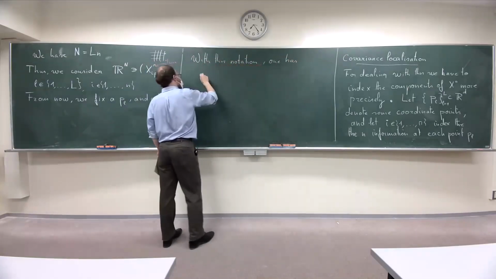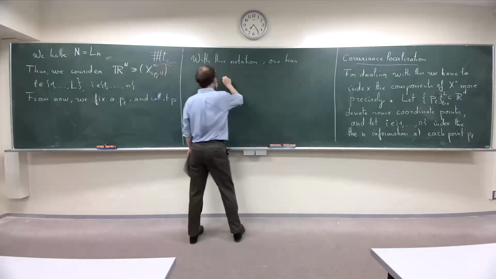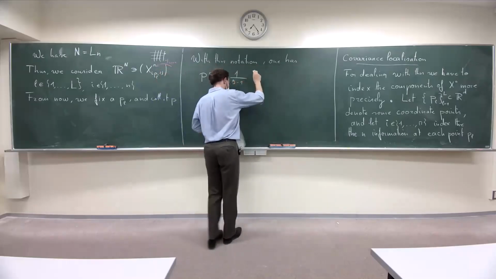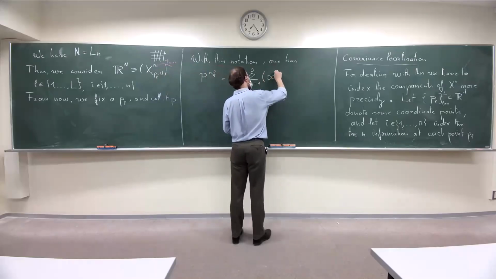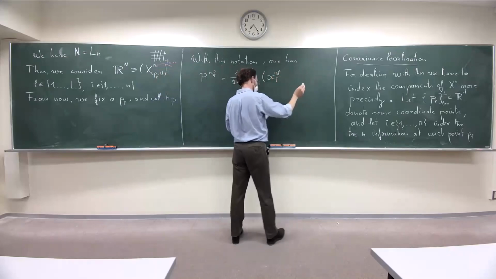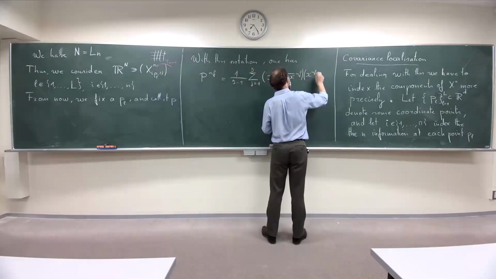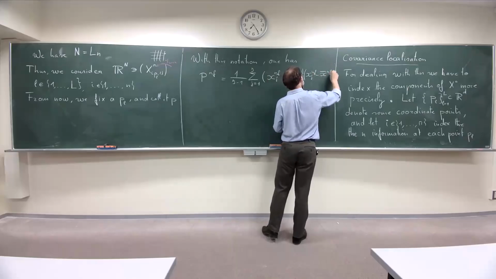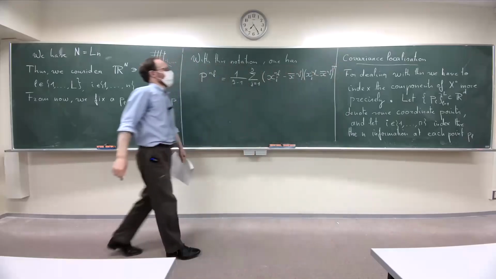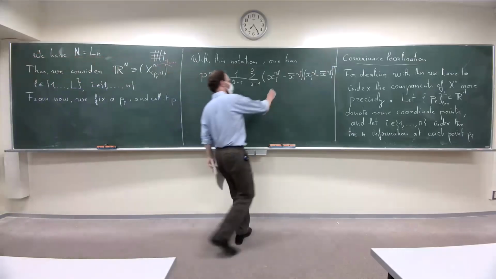Let me remind you, we had P and F. So the covariance matrix for a sample is given by 1 over J minus 1 times the sum over J from 1 up to J. So this is the definition of the covariance of a sample, but just be careful.